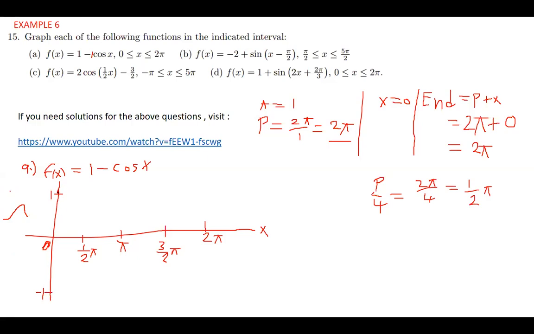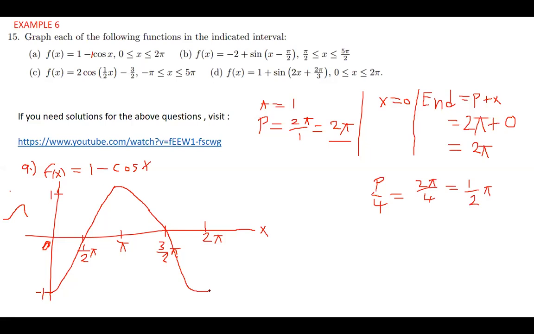Instead of starting from positive 1, it's going to start from negative 1 and then go up to 1, come down, and then up to that point again.